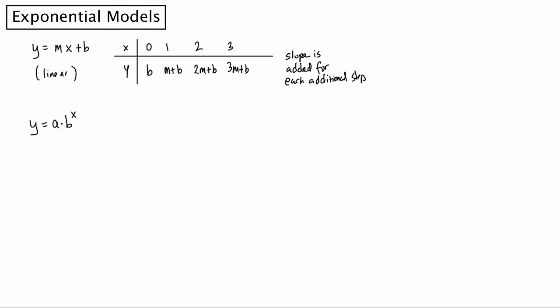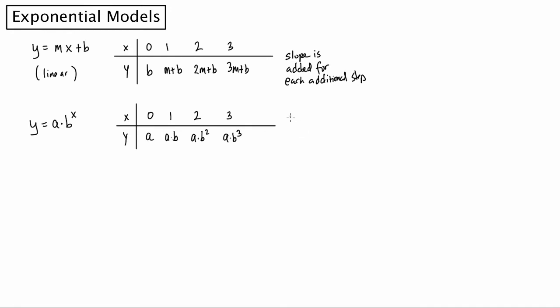If we look at a similar description for exponential functions, then you can see that on a table basis, when x is 0, y is a. When x is 1, y is a times b. When x is 2, y is a times b squared. And when x is 3, y is a times b cubed.